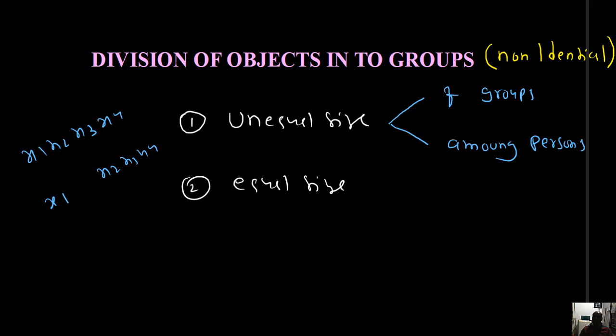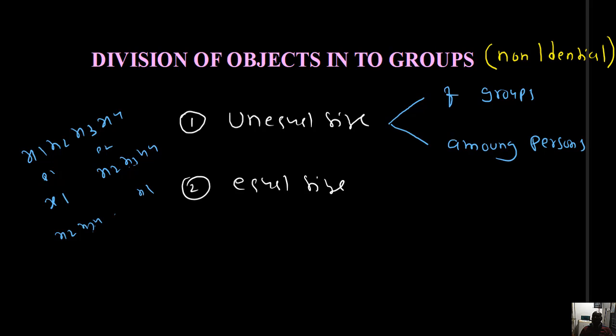This is for the first person, but this is for the second person. Second person will take x2, x3, x4 in one case, and x1 in the other. These two are treated as different while dividing objects among persons, but treated as the same while dividing into groups.